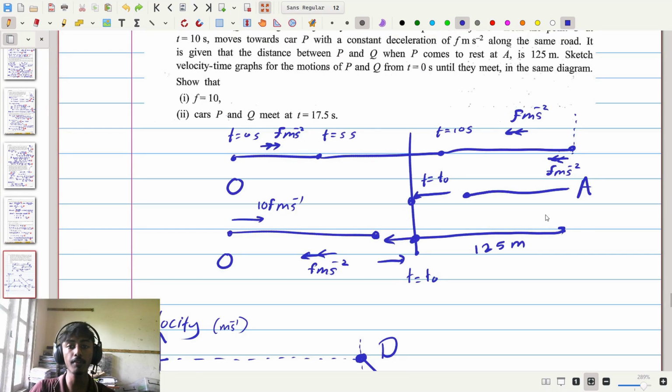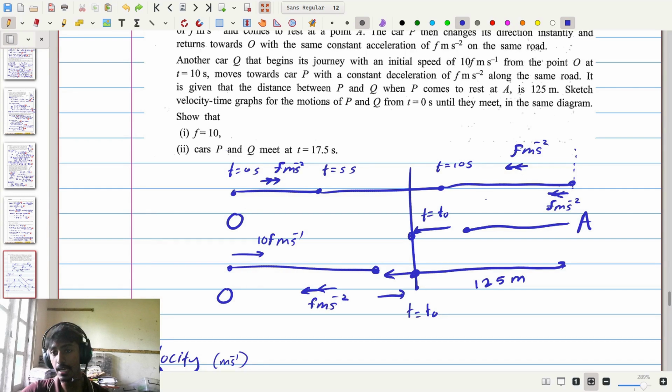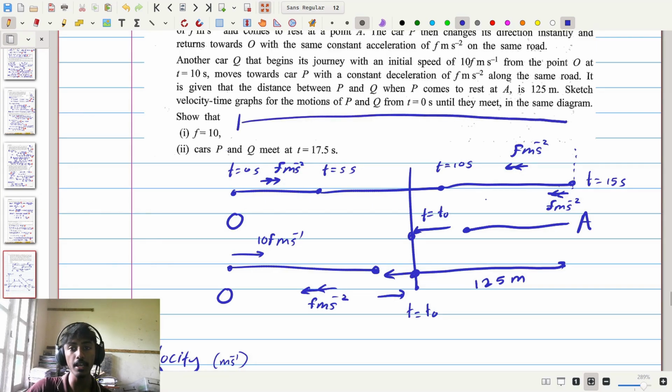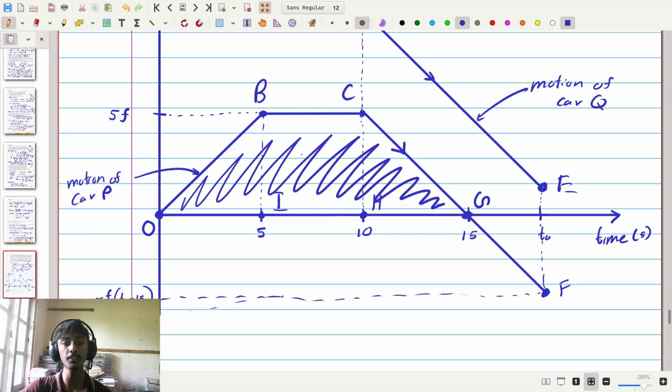Now if we consider our velocity time graph, we can see that car P comes to rest at t equals 15 seconds. And therefore, when it's at the point A, the time is t equals 15 seconds. According to this, the total distance traveled from the point O to the point A by car P must be equal to the total area under the velocity time graph of the motion of car P from t equals 0 seconds until t equals 15 seconds. So the total area under the graph of the motion of car P is equal to the total distance OA.